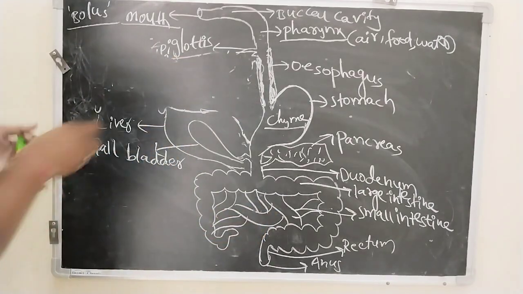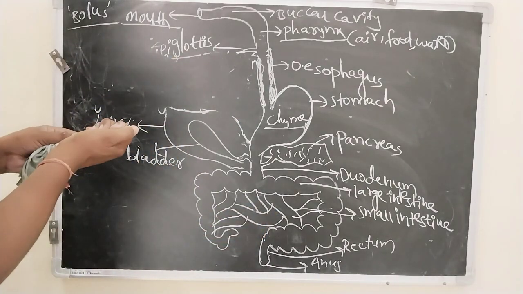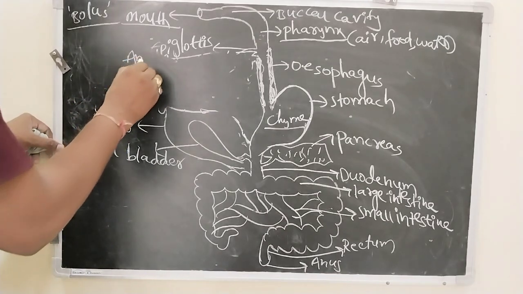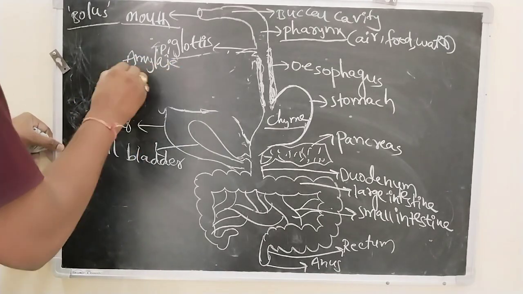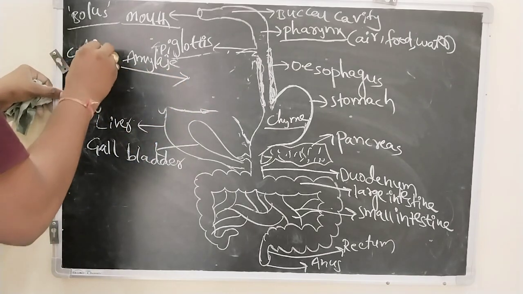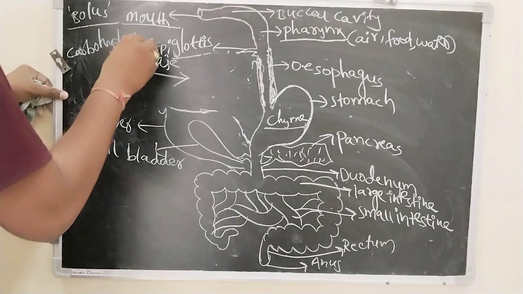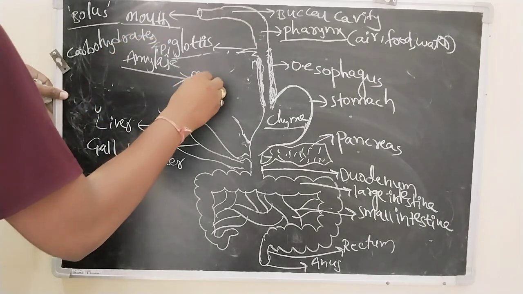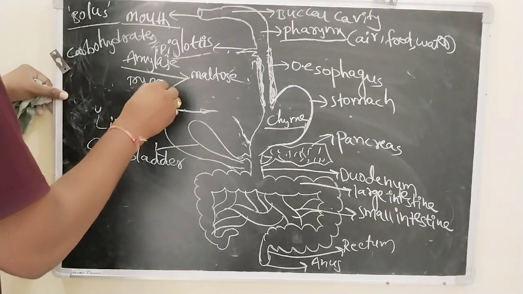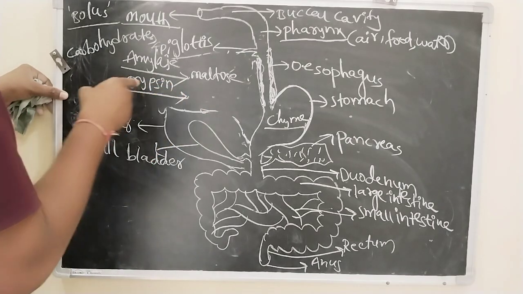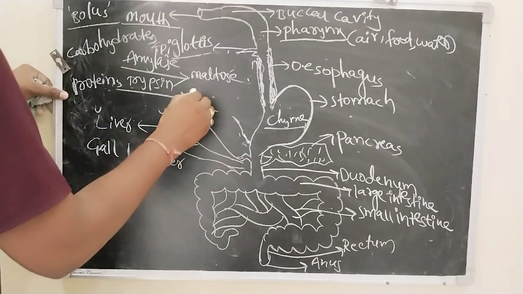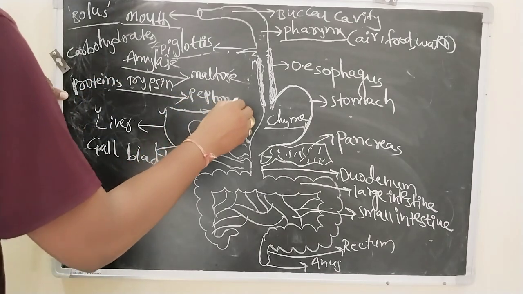Let's see how the substances are converted. Three enzymes: amylase, trypsin, lipase. Amylase converts carbohydrates into maltose. Trypsin, like pepsin in the stomach, also acts on proteins and converts them into peptones.